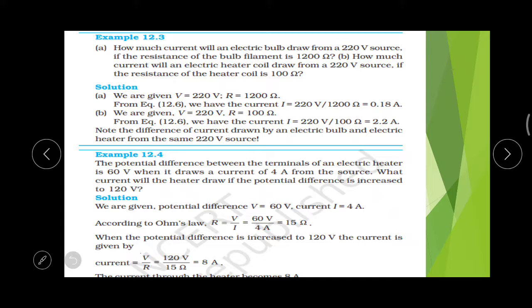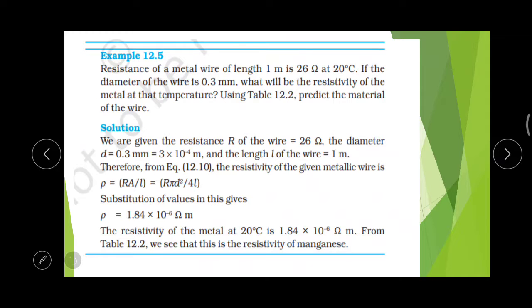Okay, so now let us come to the next question, that is 12.5. Resistance of a metal wire of length 1 meter is 26 ohm at 20 degree Celsius. So R value you have and L value also you have. If the diameter of the wire is 0.3 mm, so diameter is given, you have to find out the radius, isn't it?